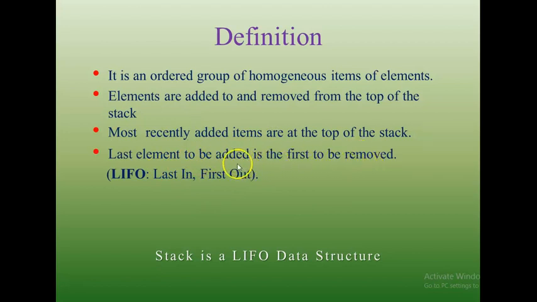We will be taking out elements from the top only. Therefore, it is said to be a structure of the form last in, first out. So LIFO is the standard short form for defining a stack data structure. Hence, we can say that stack is a LIFO data structure. Is it clear?